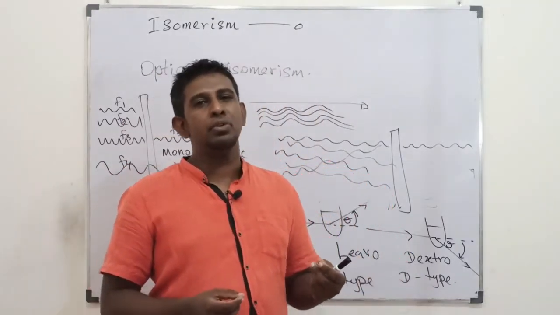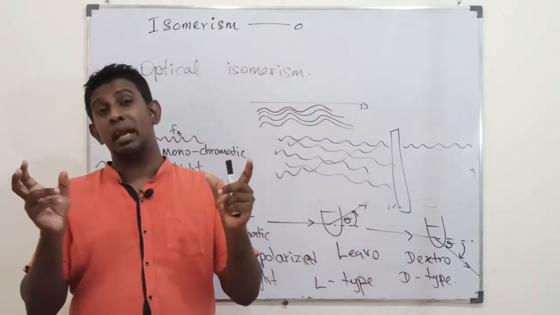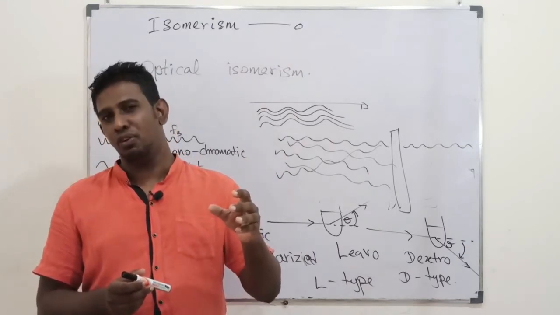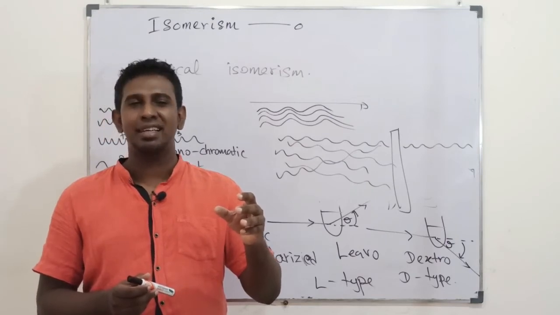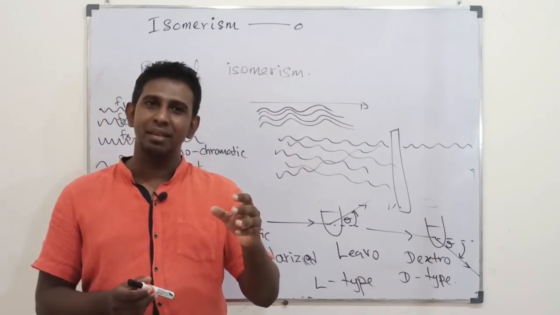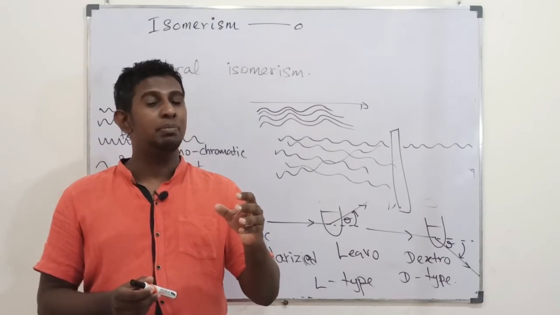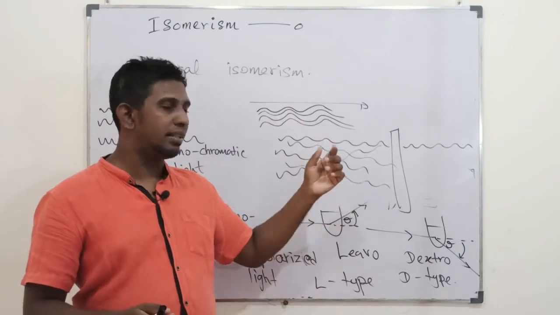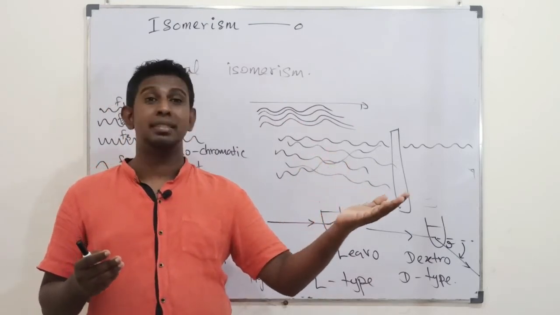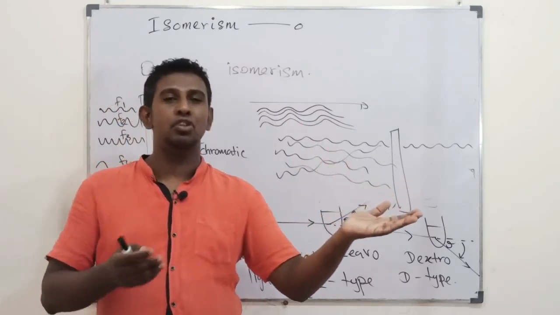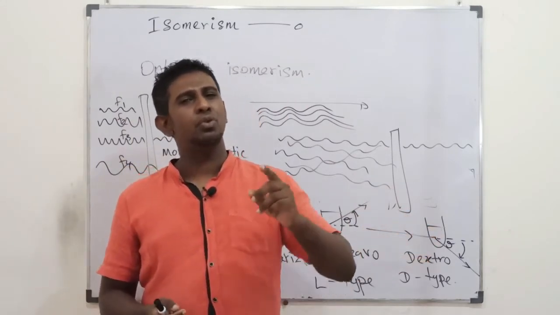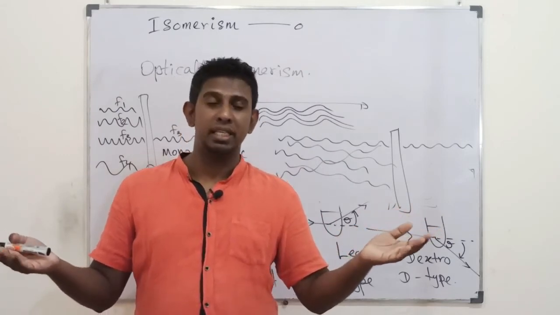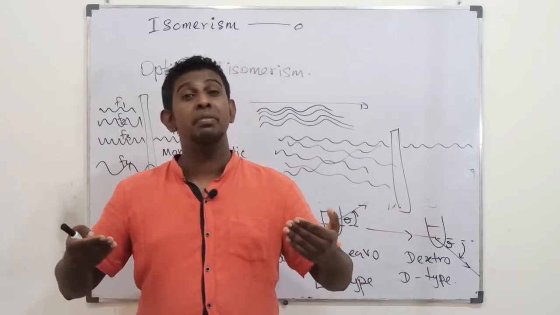Therefore, you will find two different amino acids carrying the same molecular formula and structural formula, but they are different just because the way they arrange in space is different. One could be found as the mirror image of the other. Therefore, students, you would find such situations, and in biological systems it is very important.